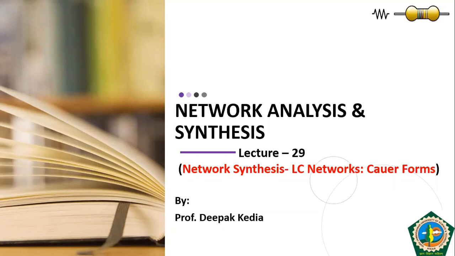So you need to look into that carefully. And if you have completely understood Foster forms, then it will be a very easy job for us to understand Cauer forms. So I have included separate examples also for each of the Cauer forms. So I hope you will be able to understand that in a better manner.